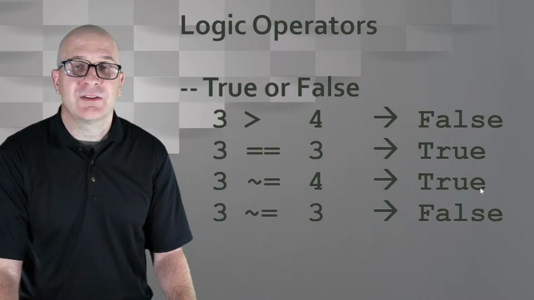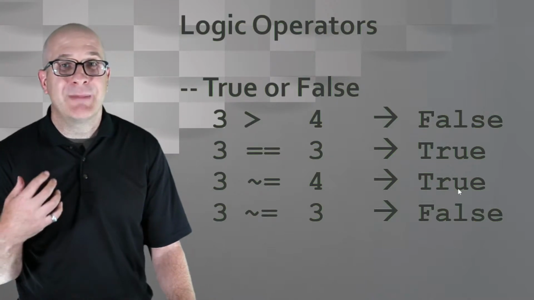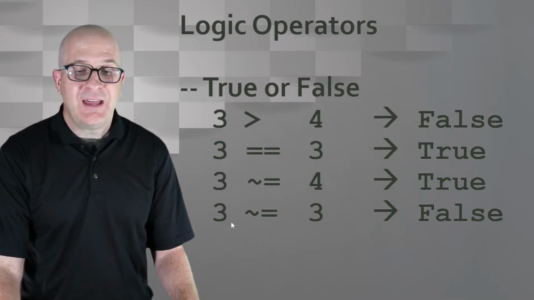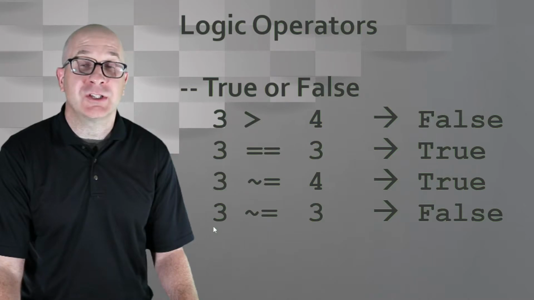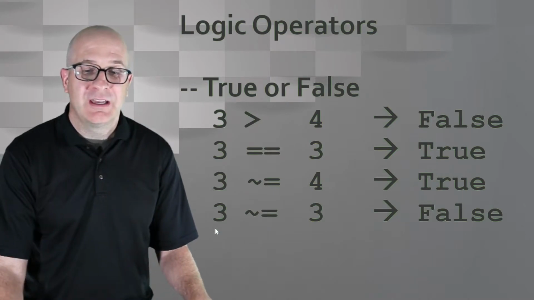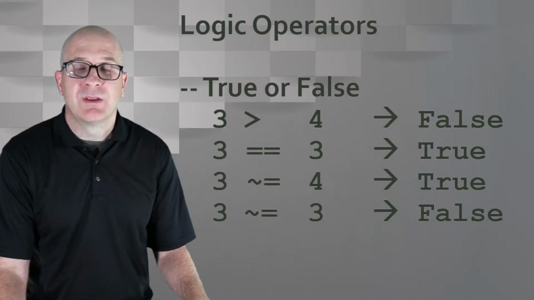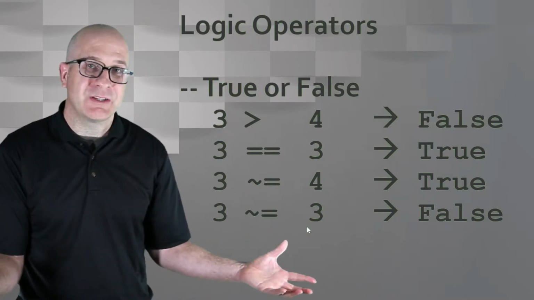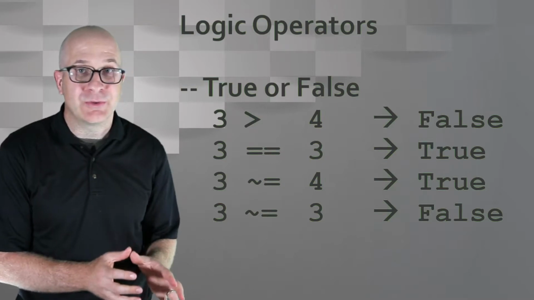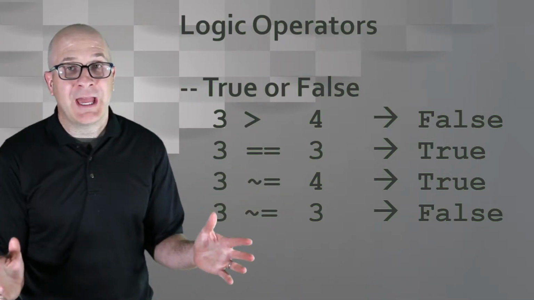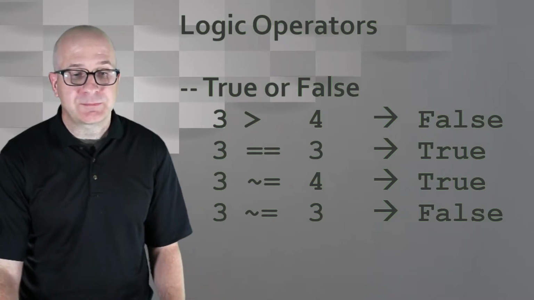So 3 is not equal to 4, and MATLAB will hand back a value of 1 to us. And then the last example for logic operators, at least this round, is, is 3 not equal to 3? Well, 3 is equal to 3, so it can't be not equal to 3, and therefore this statement will be false, and MATLAB will hand back a value of 0.